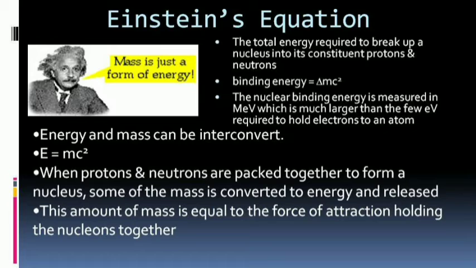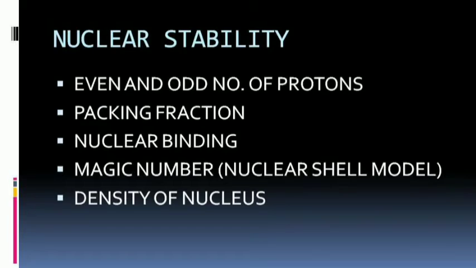To find out the nuclear stability, there are certain different methods to clear the confusion regarding nuclear stability. These are even and odd number of protons, packing fraction, nuclear binding, magic number, and density of nucleus.